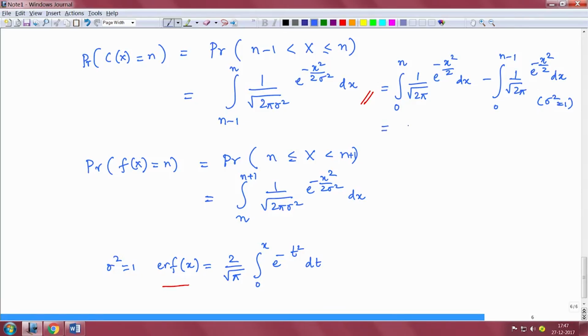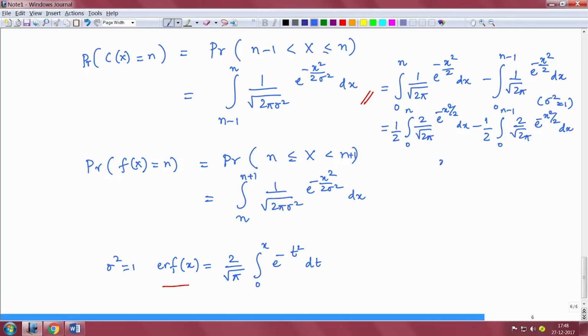So this evaluates to half of the integral from 0 to n of 2 by square root of 2 pi e power minus x squared by 2 dx, minus half of the integral from 0 to n minus 1 of the same.